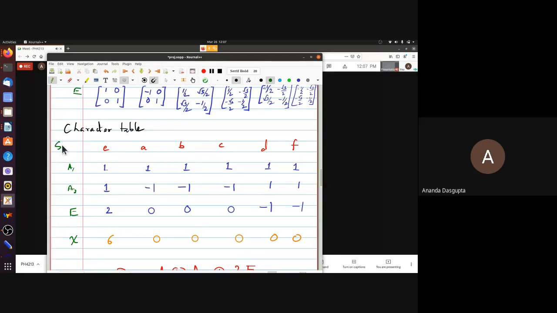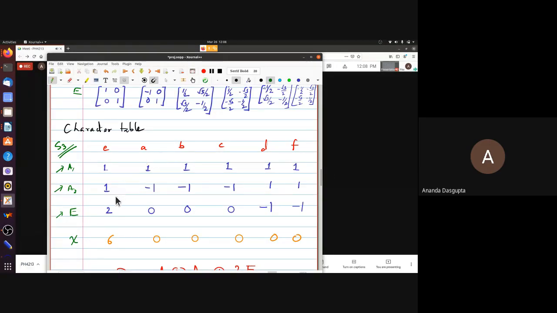This is S3, the symmetry group of an equilateral triangle, and as we had figured out earlier, it has three classes, so three irreps. And if you look at the character table, corresponding to these three irreps, A1, A2, and the third one is usually called E, although some people, and in fact I have also done it in this video that I'm preparing, do call it B, but the standard notation is usually A1, A2, and the two-dimensional one is called E. The reason behind that is somewhere in the German terms which were originally used.